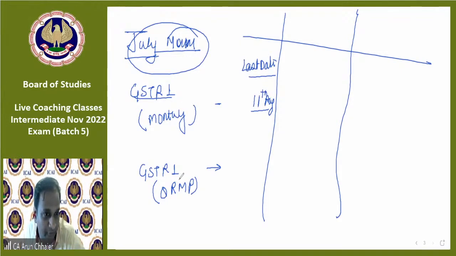Please write the month also, not simply the date. What is the last date to file the GSTR1 for July in case of QRMP? Some trick is there. Some important element is there in this question. Let me see if you can catch this.